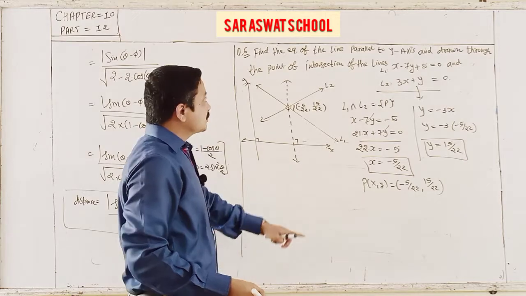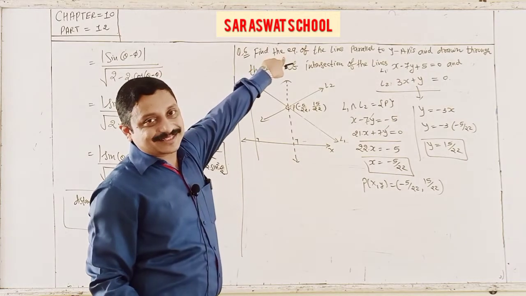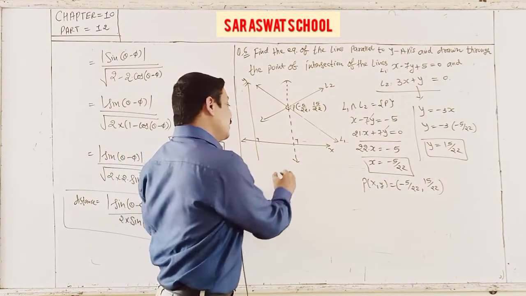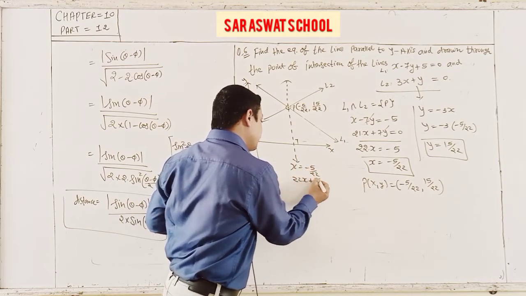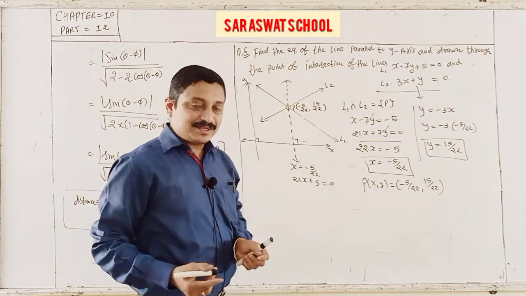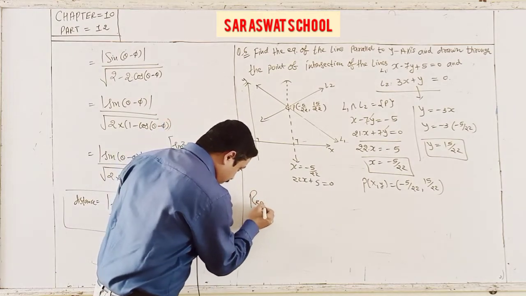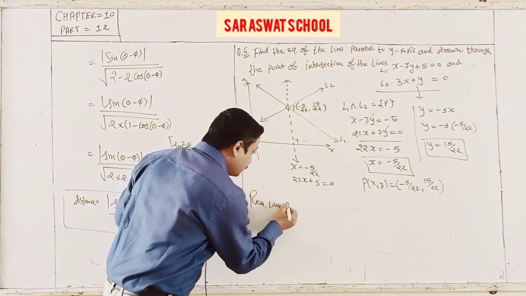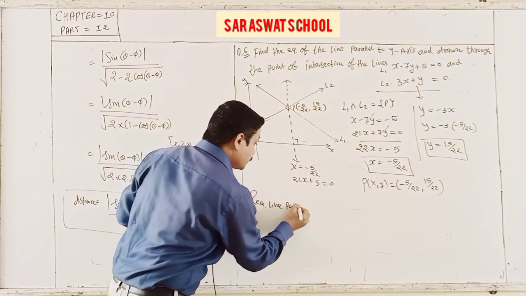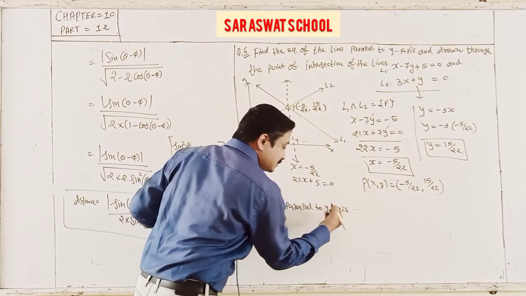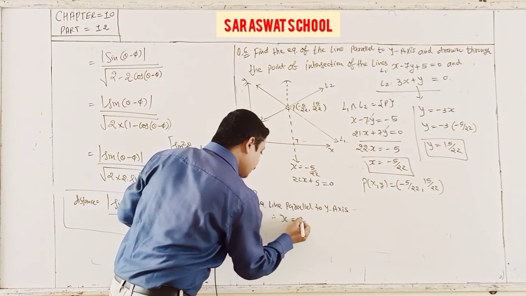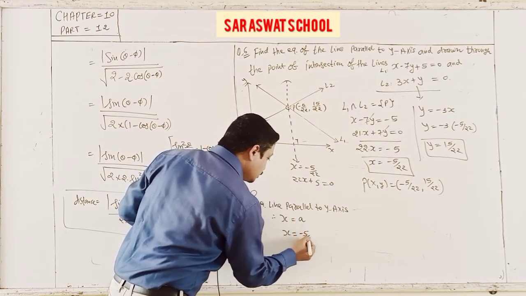Students, check the question here. I want a line parallel to y-axis. It means exactly vertical, and the answer is 22x plus 5 is equal to 0. So read the question, the required line parallel to y-axis is x is equal to a, x is equal to minus 5 by 22.